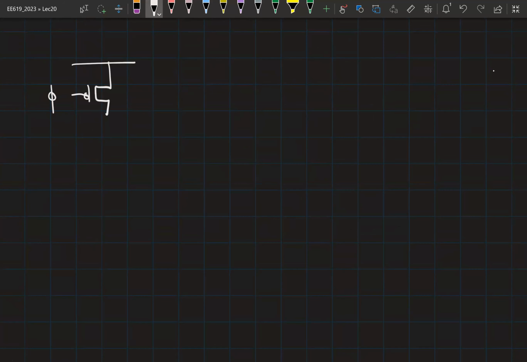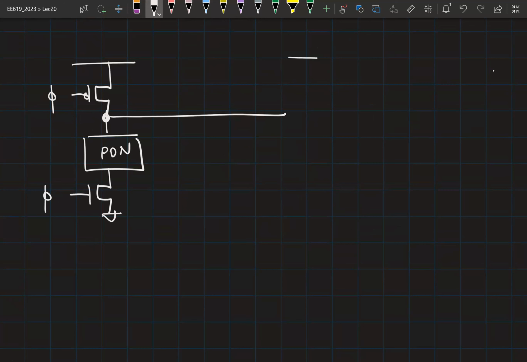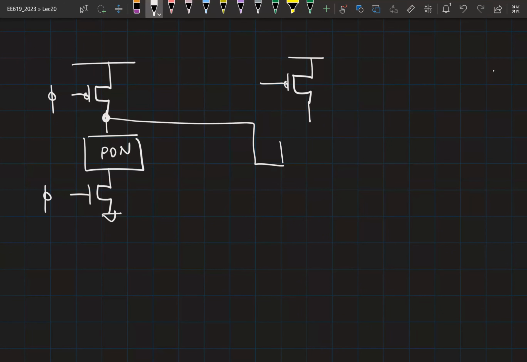You have a phi, then PDN and a phi, and we are taking the output from here, and we were feeding it as input to the next gate, which also had a PDN. Right? So if you ensure that the inputs here are always rising edges, you will definitely have a falling edge here. You cannot have a rising edge here during the evaluation phase.